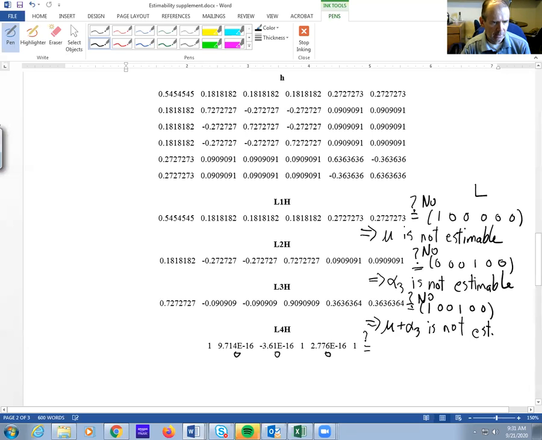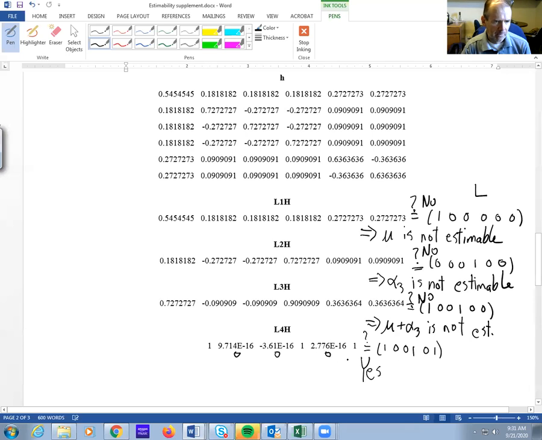The question here is, is this equal to 1, 0, 0, 1, and then it was the second tau, right? 1, 0, 0, 1, 0, 1. Yes, those are the same.